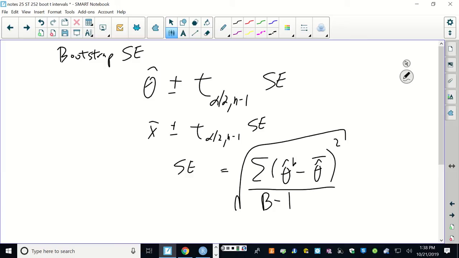And we use this t-distribution instead of normal. So instead of using 1.96, we're going to use 2.02 or something a little bit bigger to reflect our finite sample size. So that'll be a different interval that we might use. Seems like a reasonable idea.